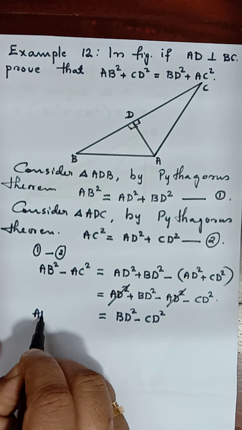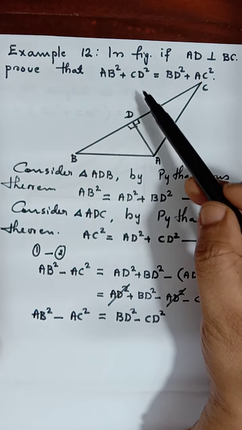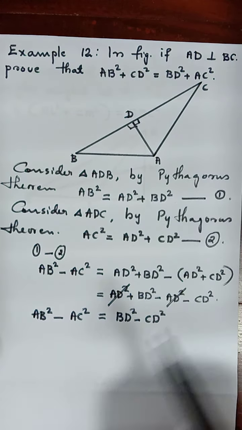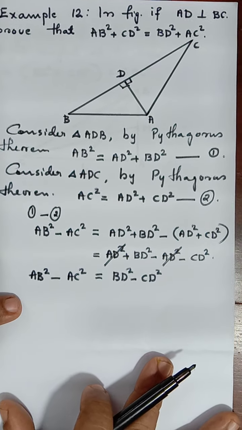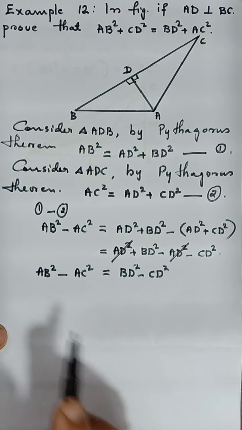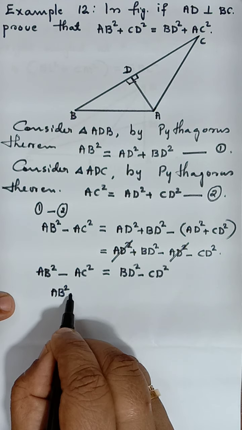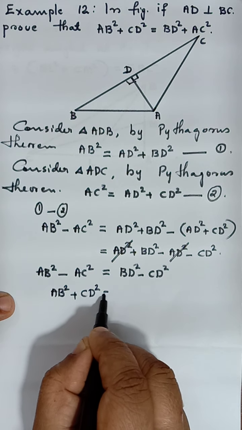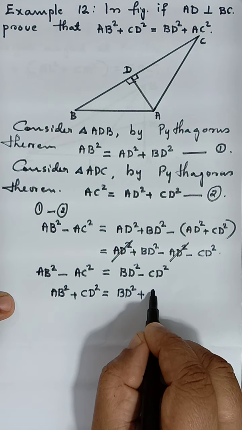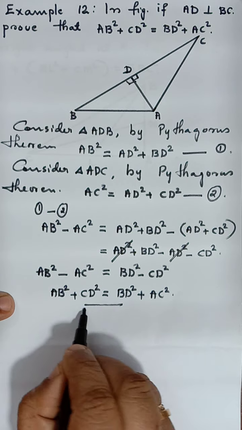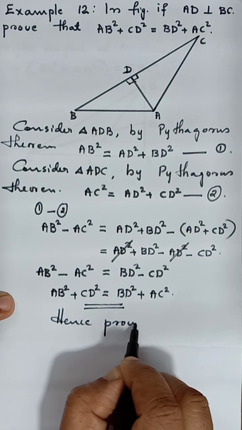And left hand side we have AB square minus AC square. Just to see where we have to reach, AB square plus CD square it should be. So AB square minus CD square as plus CD square to the left side. Just transfer this, you will be getting the answer. That is AB square plus CD square this side equal to, already BD square is there, minus AC square as plus AC square. Hence proved. We have come to the answer.